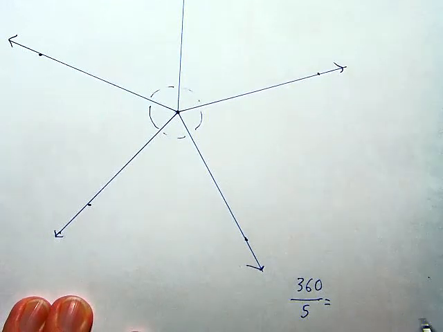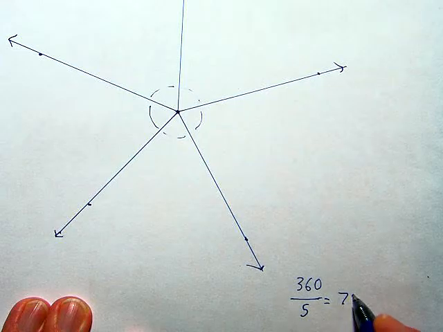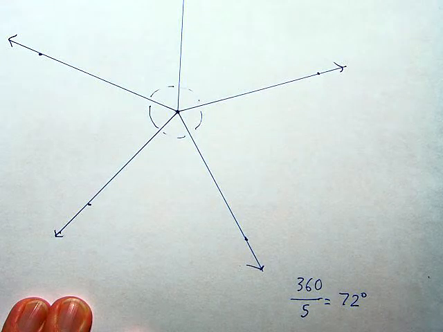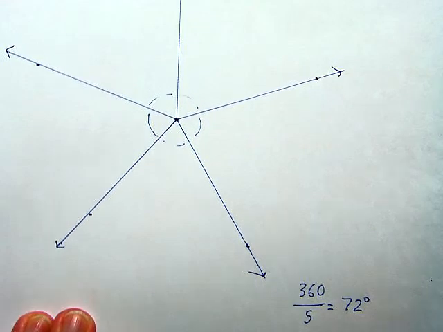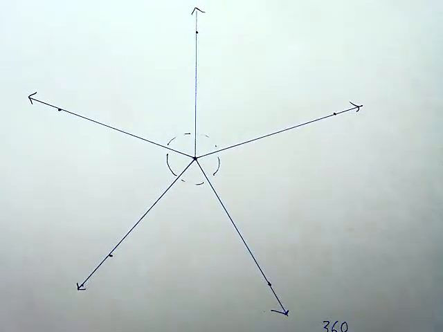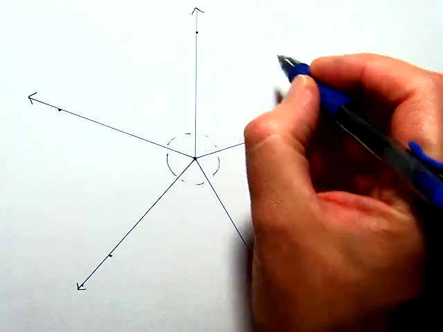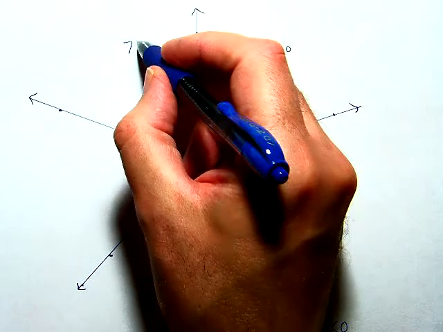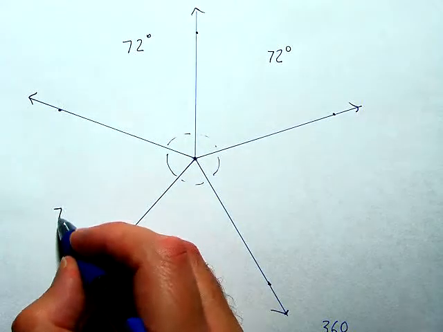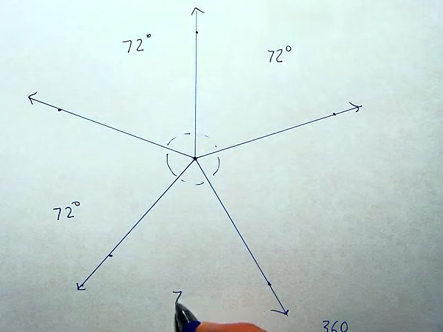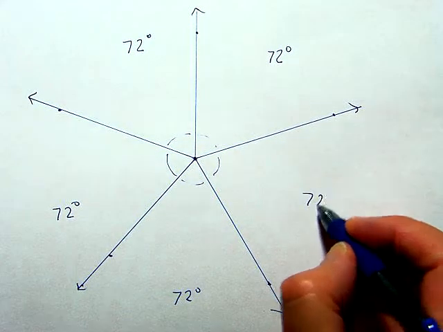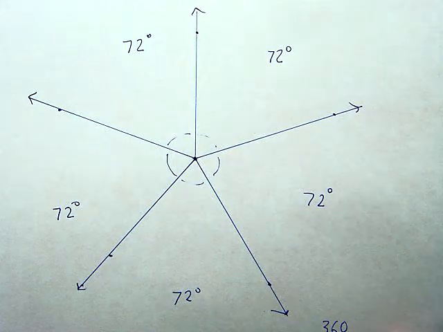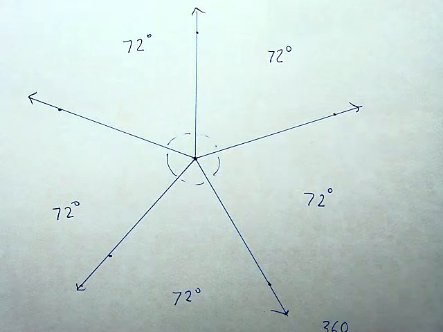So what we end up with is 72 degrees each angle. 360 divided by 5 is 72. So if we draw a diagram like this, we know that we've got 72 degrees there, 72 degrees there, 72 degrees there, 72 degrees here, and 72 degrees over here as well. So that's something we know when we're starting out.